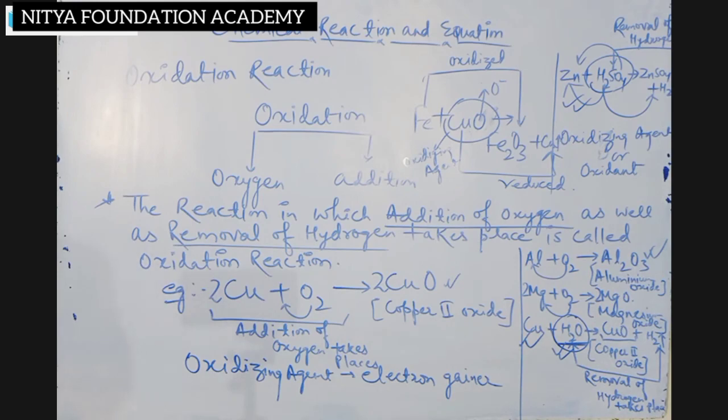So in the same way, the oxidizing agent is also an electron gainer. Oxygen is gaining negative charge by gaining electrons, and that's why we call it an oxidizing agent, because it also gains electrons. So it makes iron oxide and copper gets reduced here. So here CuO, copper oxide, behaves like an oxidizing agent.